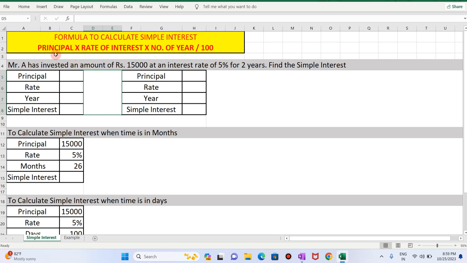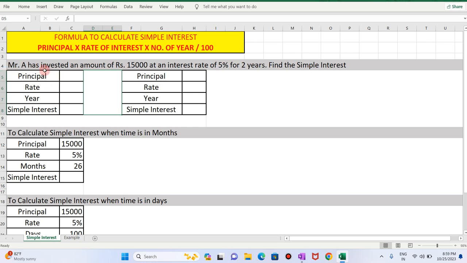Principal is the amount which is invested, or the initial amount which is borrowed from another person. The rate at which the principal amount is borrowed is called the rate of interest. The number of years for which the principal amount has been taken or invested is the number of years, and divided by 100.